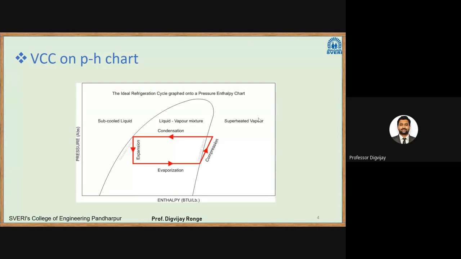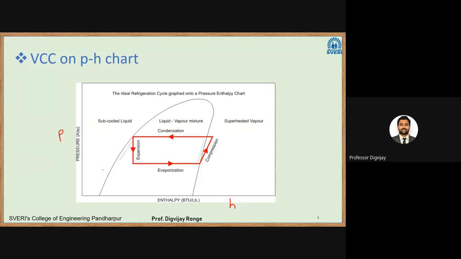What you see on the screen, many of you already know it. That is a pH chart, pressure versus enthalpy. On the y-axis we have pressure, and on the x-axis we have enthalpy, which is specific enthalpy.